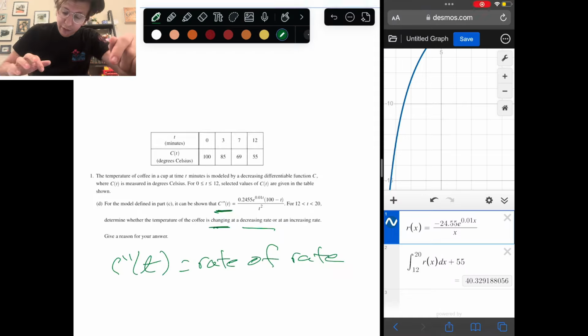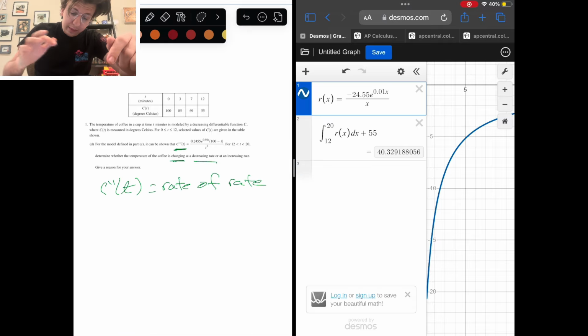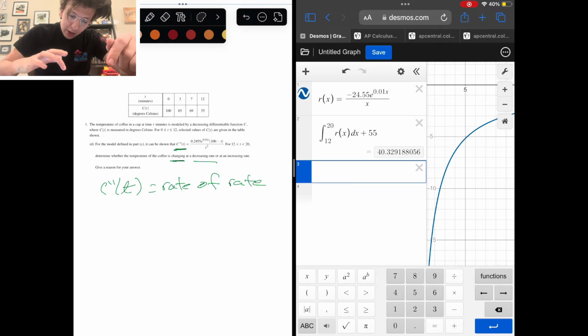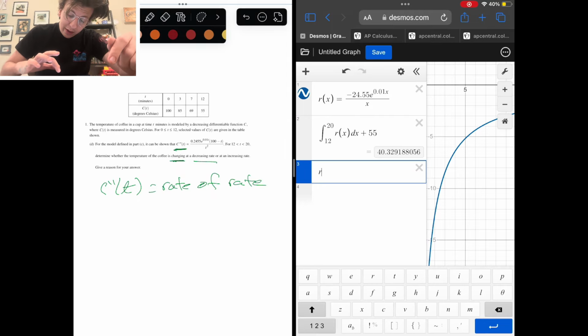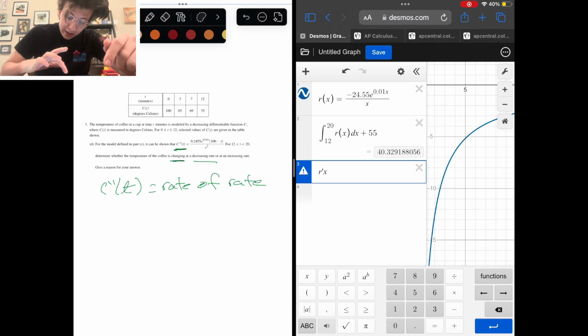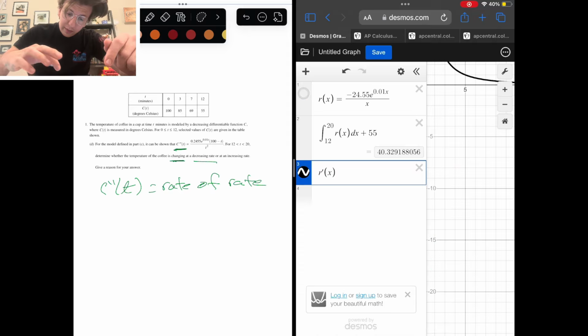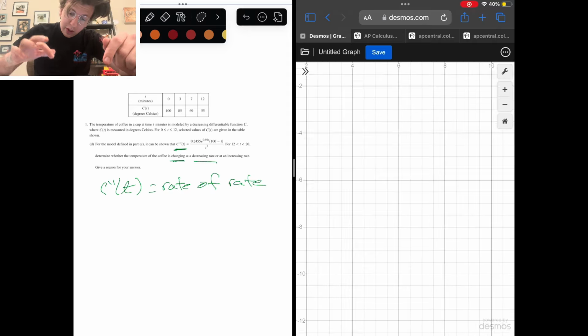So let's graph what C double prime is and let's look from 12 to 20 to see what is happening. Instead of putting all that in, I'm going to trust my calculator and say r prime of x. We got to put parentheses around the x. That's the only function I'm going to show.